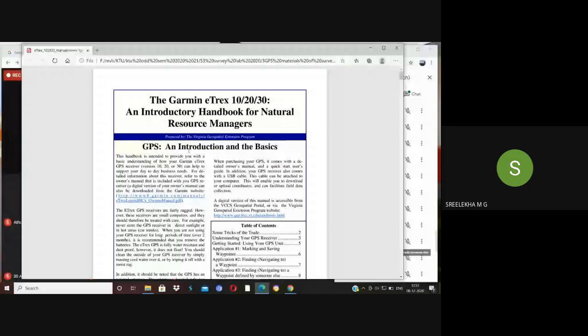I just took some from the net. Some Garmin eTrex 10 version or 20 version, all following the same formats. Our main concept is that we should be able to identify some satellites for viewing the distance of the GPS station from the satellites.